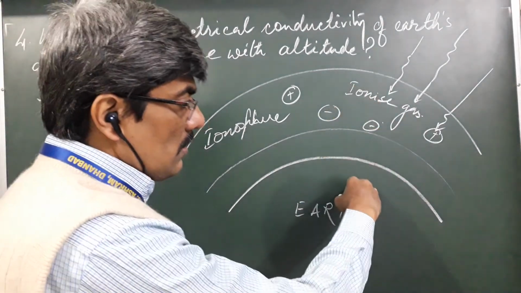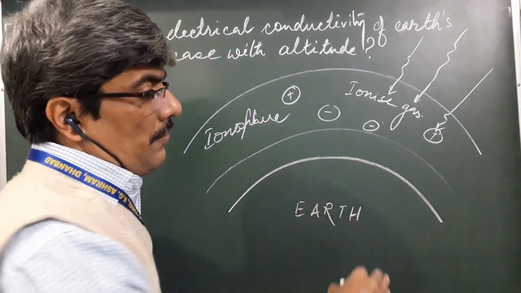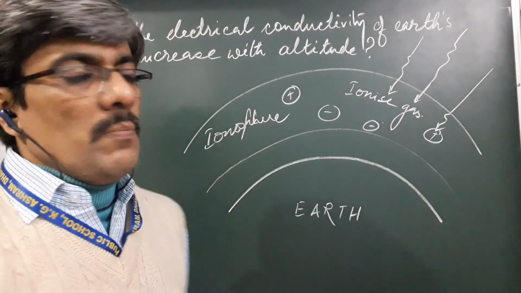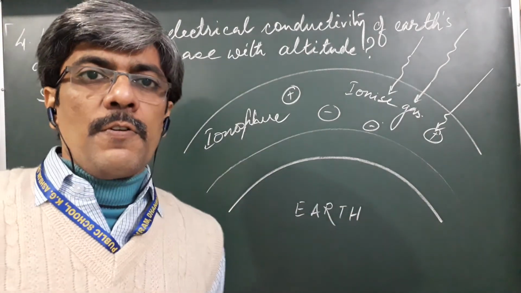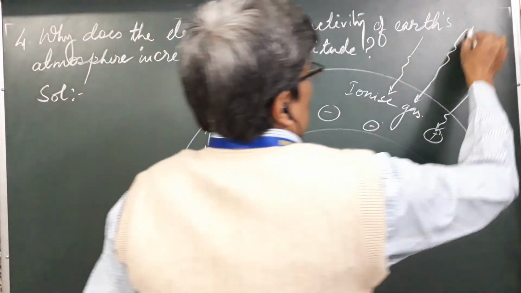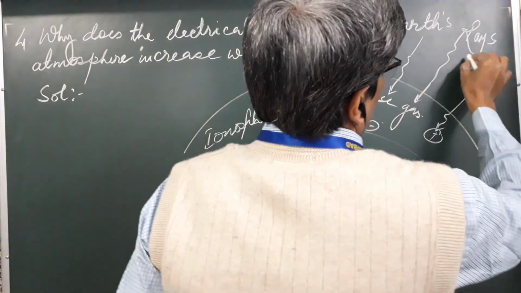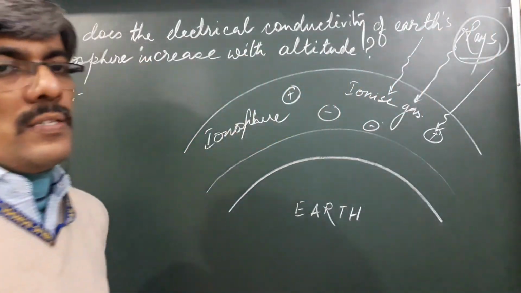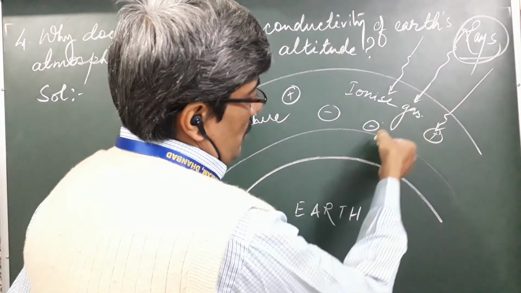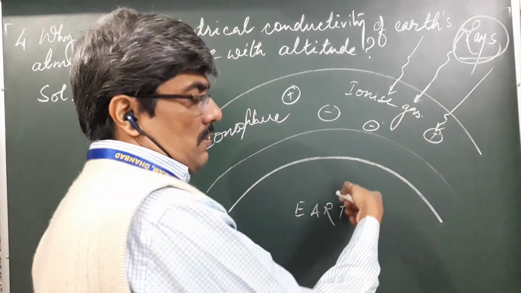As you come near to the surface of the Earth, the presence of ions becomes less and less, fewer and fewer, because these energetic rays lose their energy as they go deeper into the atmosphere.